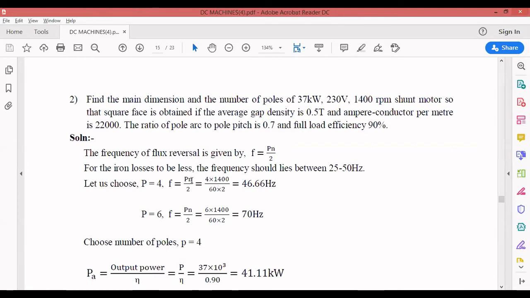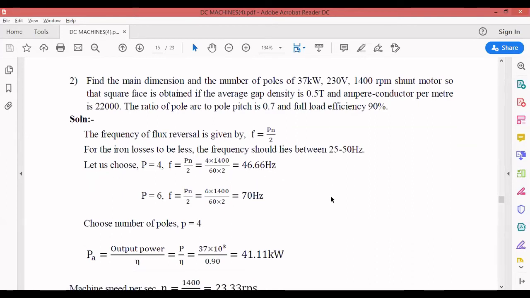So N is 1400 divided by 60, capital N being the RPM. So F is 4 into 1400 divided by 60 into 2. If you want to calculate the machine speed, you can go for one more step: machine speed n is equal to capital N by 60, which I have done here itself. What you get here is 46.66 hertz.